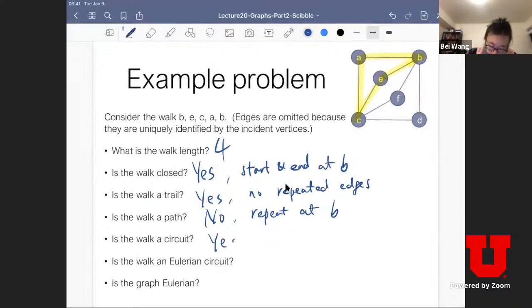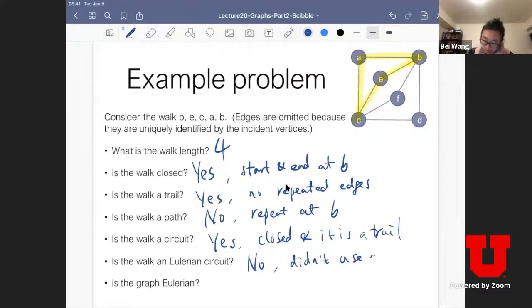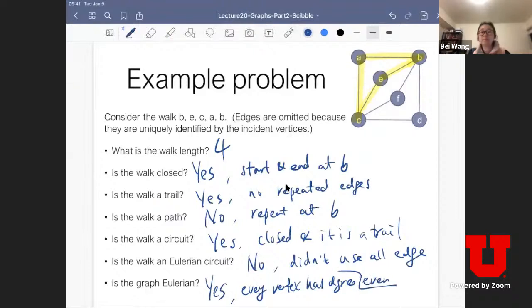The answer is yes, because it is closed and it is a trail. So a circuit is a closed trail. Is this an Eulerian circuit? The answer is no, because we did not use all the edges. And is the graph Eulerian? The answer is yes, because every vertex has even degree.